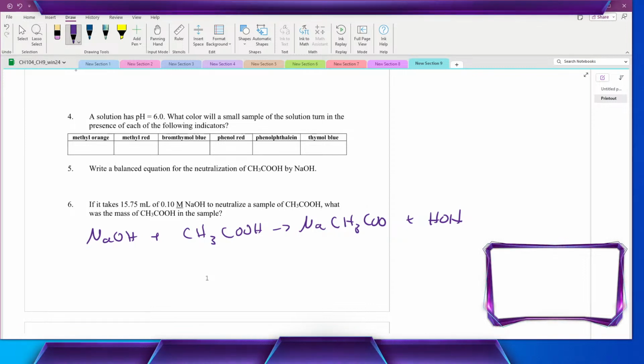And so first we're given, looks like, moles of sodium hydroxide. So we can calculate that. Molarity is moles over liters, so we can multiply it by our volume to get us moles of NaOH. So let's do that.